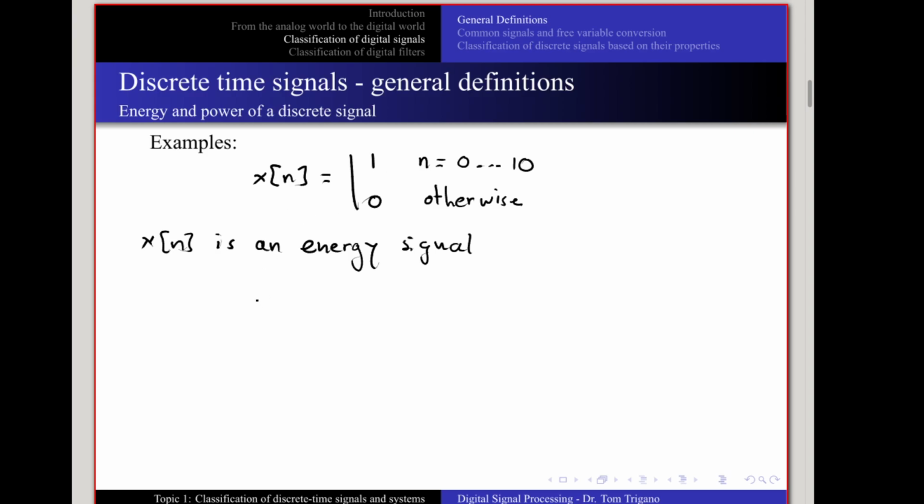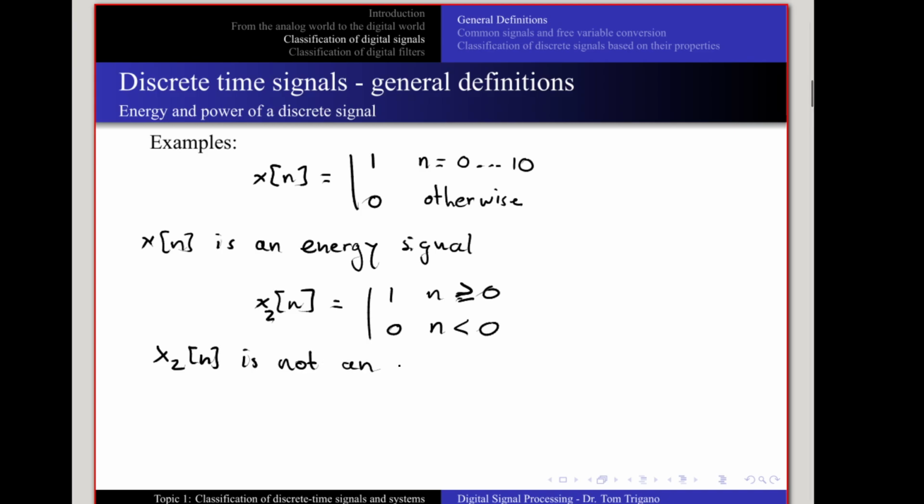On the other hand, this one, which we will later on define as a digital step function, is not an energy signal. So x2 here is not an energy signal. In order to prove that, we just need to write the definition.